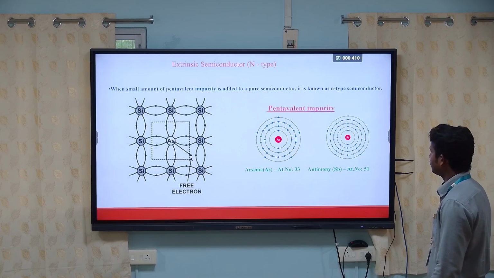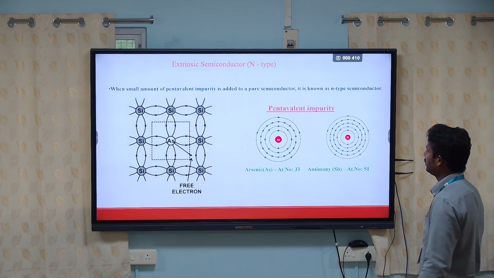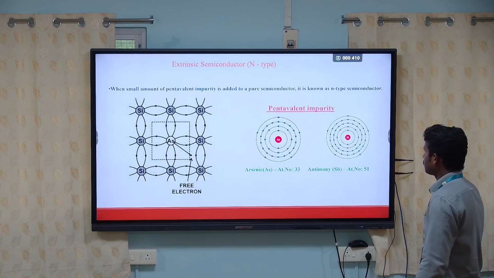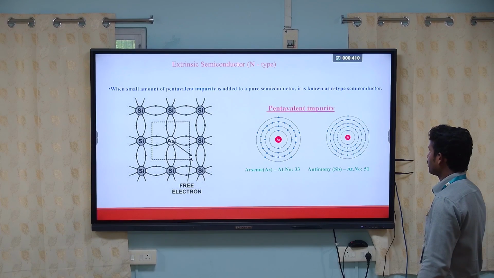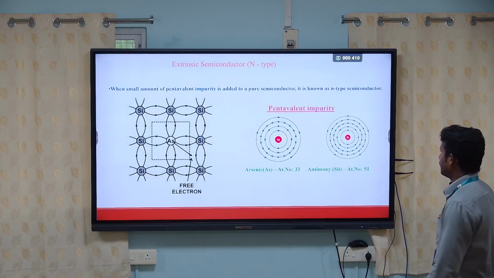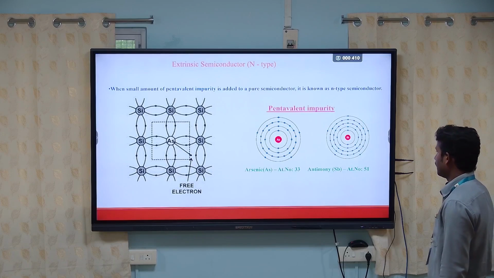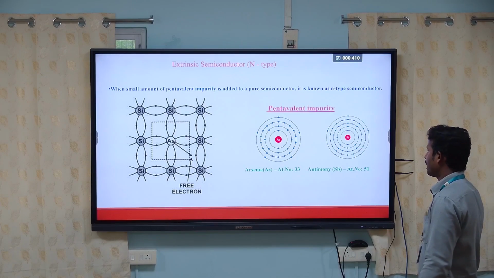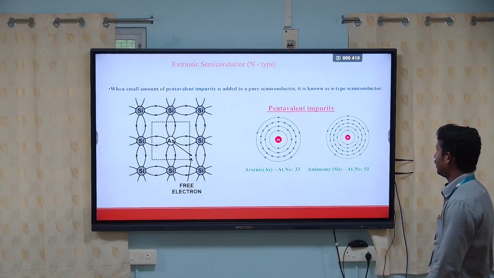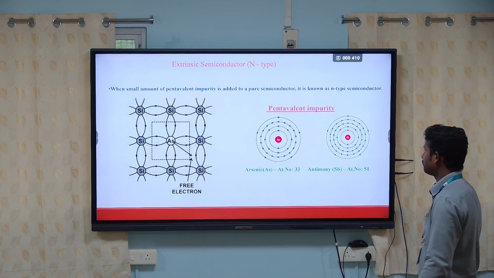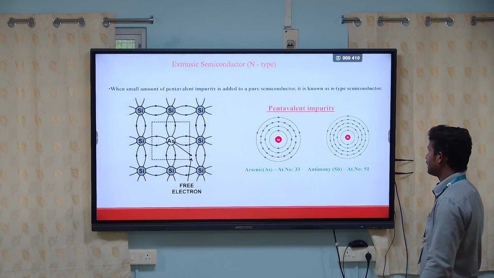When you add a pentavalent dopant to the pure semiconductor, 4 valence electrons combine to form covalent bonds and 1 electron becomes free. If you add 1 arsenic or antimony atom to the semiconductor, it produces 1 electron. If you add a few milligrams of pentavalent impurity, it makes a large number of electrons inside the semiconductor.